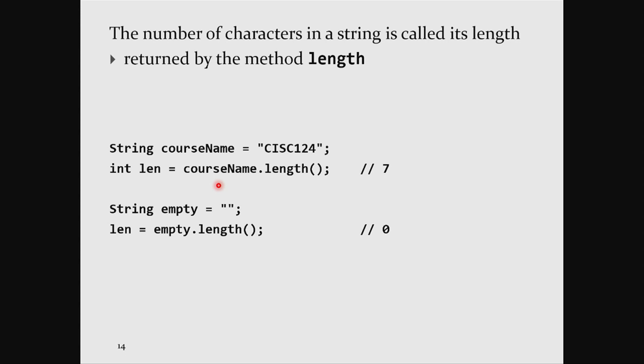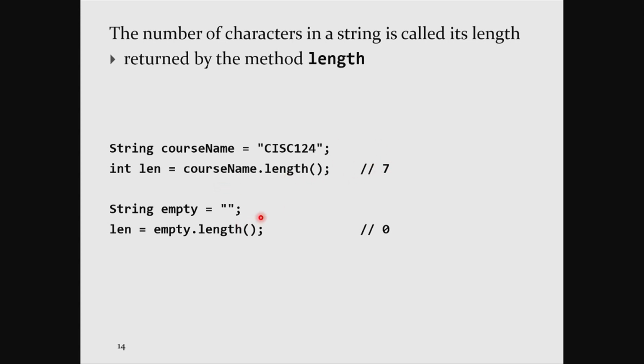So if I want the length of any particular string instance, I need to ask the right object for its length. If I wrote capital-S String.length, that doesn't make any sense, because if length was static, it would belong to the class, and the class has no idea how long that is. So you need to find an object and ask the object, hey, how long are you? Well, now it says it's 7.